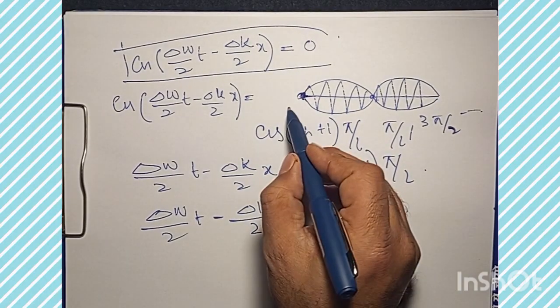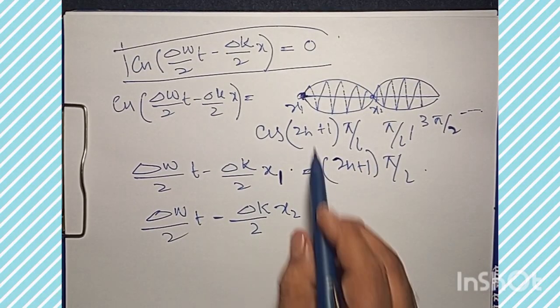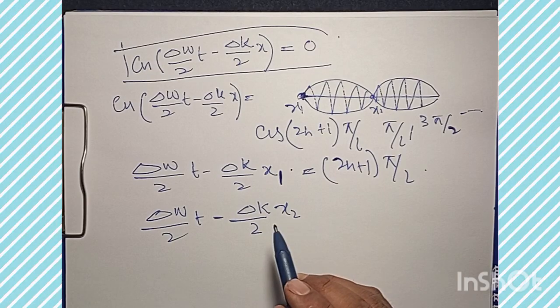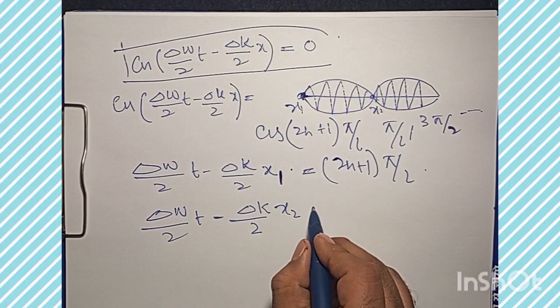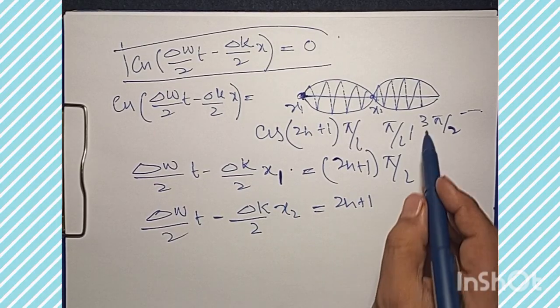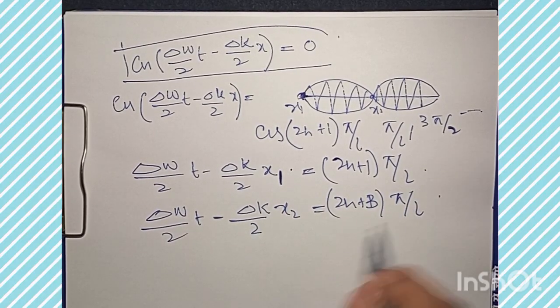Now the difference between x1 and x2 will give us the measure of that uncertainty, and this will be 2n plus 1. It will not be 1 now, it will be 3 times pi by 2.